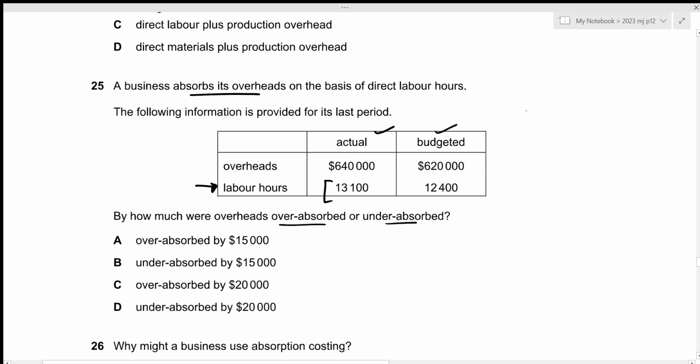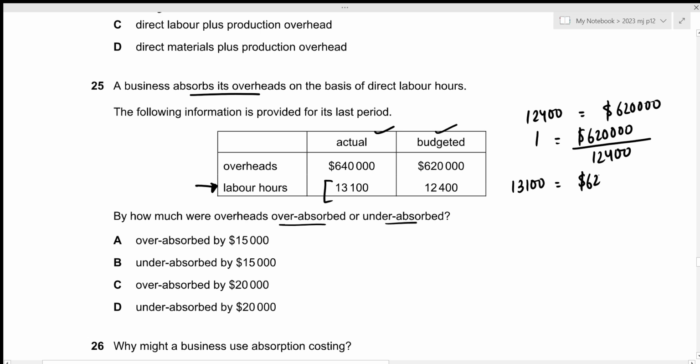So we can see that for 12,400 hours, our budgeted overheads was 620,000, which means that for 1 hour, it will be 620,000 divided by 12,400. We're trying to figure it out for 13,100 hours. So that's 620,000 divided by 12,400 multiplied by 13,100, which results in the required budgeted overhead to have the value of 655,000.